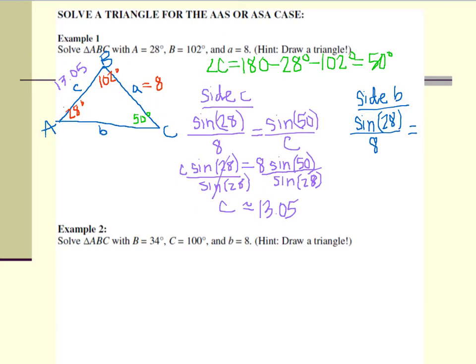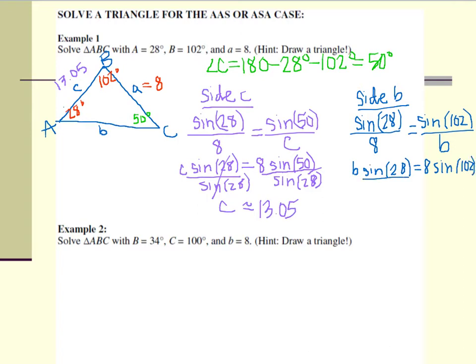And side b, well, across from that is angle B, and angle B is 102 degrees. So we're going to do the sine of 102 degrees over b. And again, we're just going to cross multiply. So that's b times the sine of 28 equals 8 times the sine of 102.